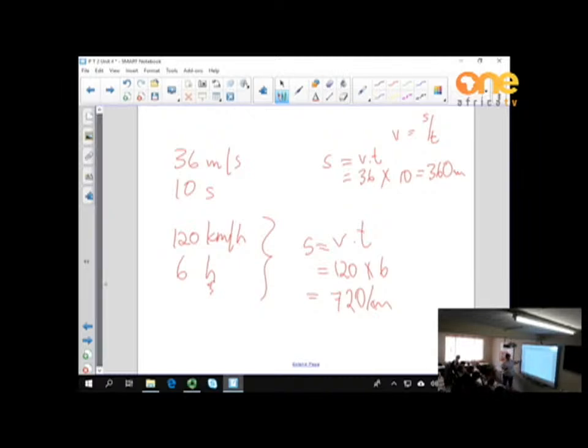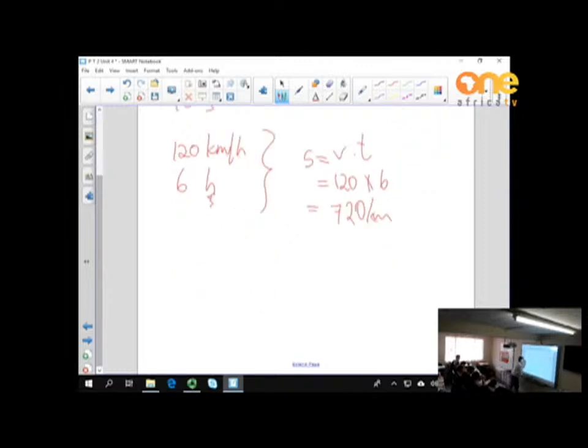C. A jet aircraft traveling at 900 kilometers per hour for 120 seconds. Now we have an example of one traveling at 900 kilometers per hour for 120 seconds.